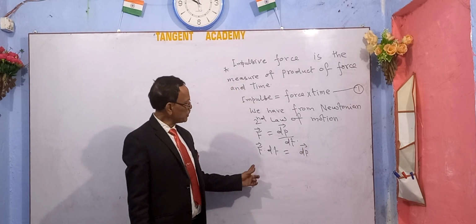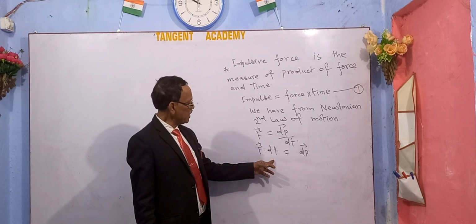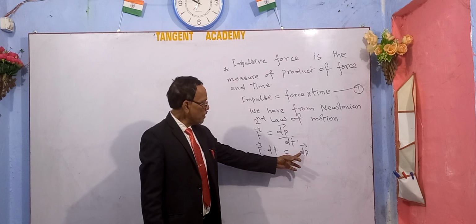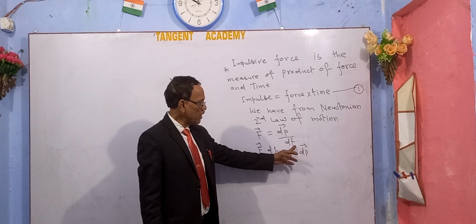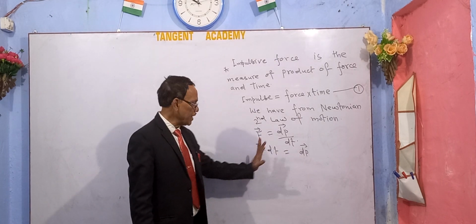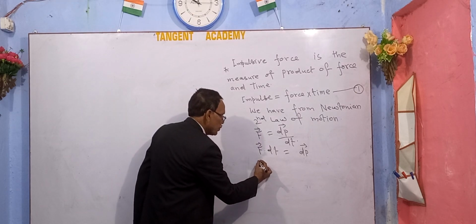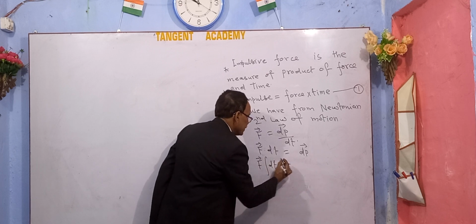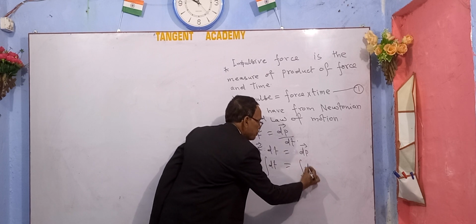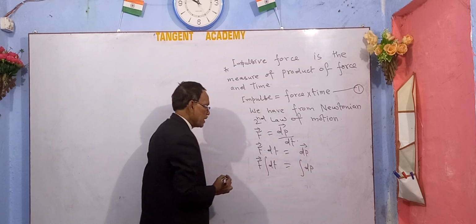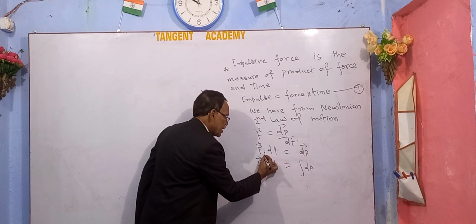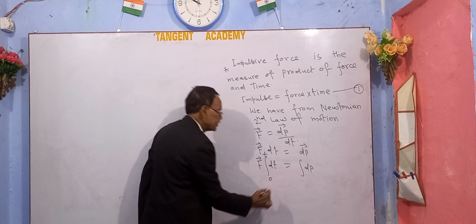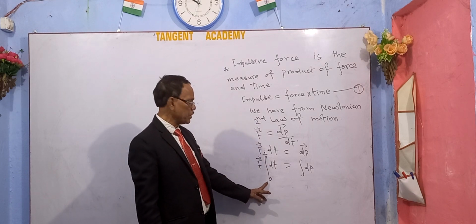Now we will integrate both sides under the limits: for time, t is equal to 0 to t, and for momentum, the upper limit will be p2 and the lower limit will be p1. The lower limit for time is 0 because the body is starting from 0.